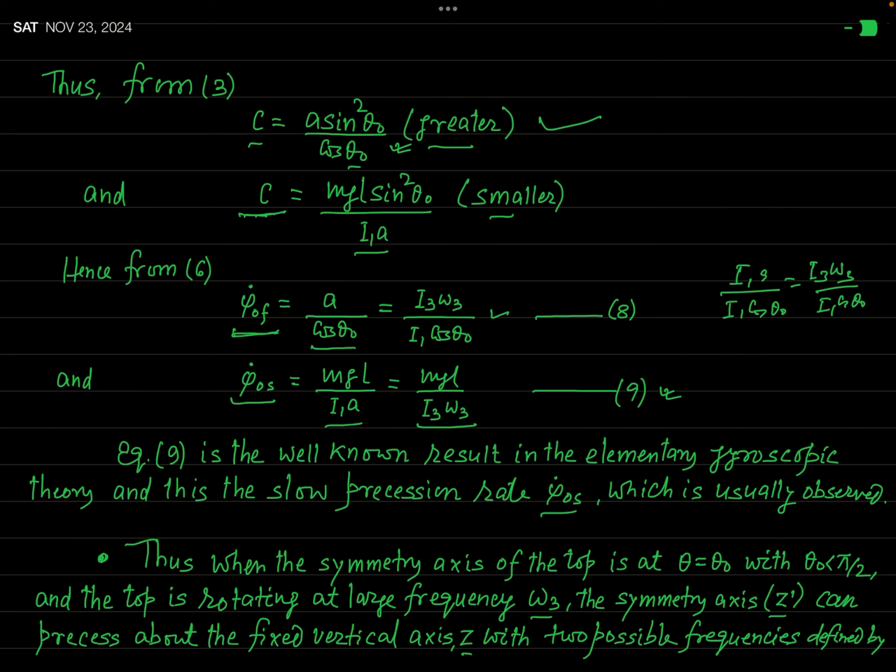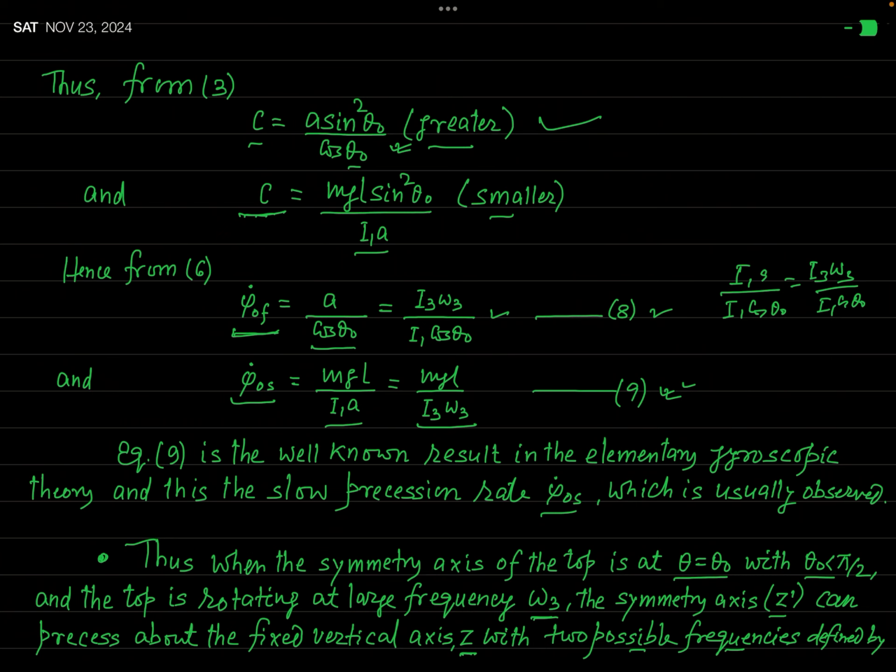Okay, now we will see two very important results. You can see that when the symmetry axis of the top is at theta equal to theta naught, and theta naught is less than pi by 2, and the top is rotating at a large frequency omega 3, then the symmetry axis z dashed can precess about the fixed vertical axis z with two possible frequencies defined by equation 8 and equation 9.